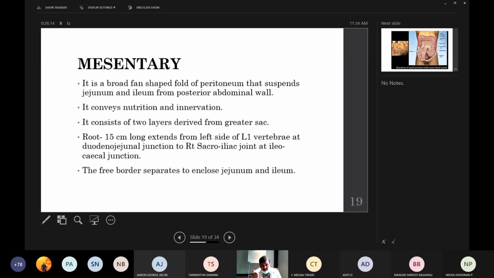That is the extension of the root, and the mesentery is a short note.